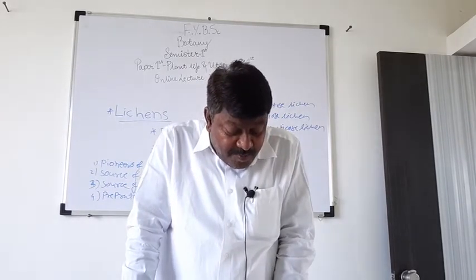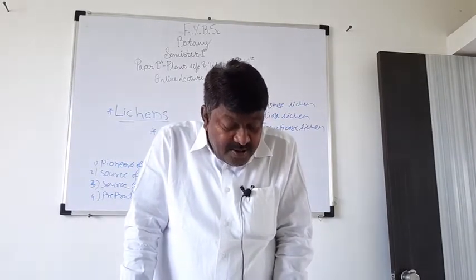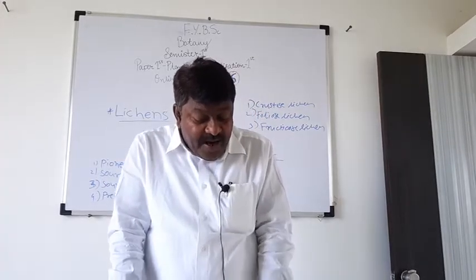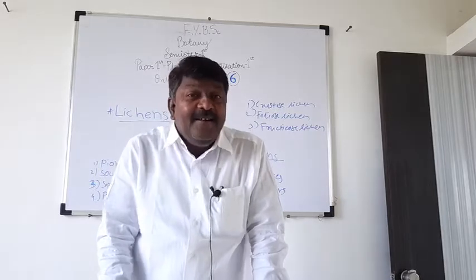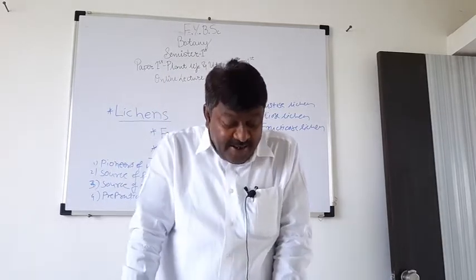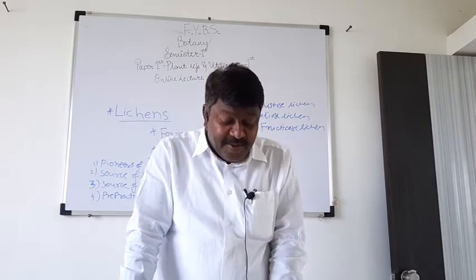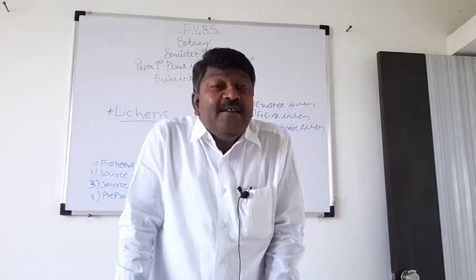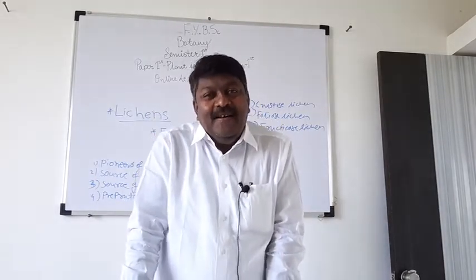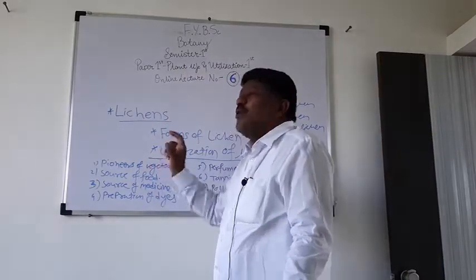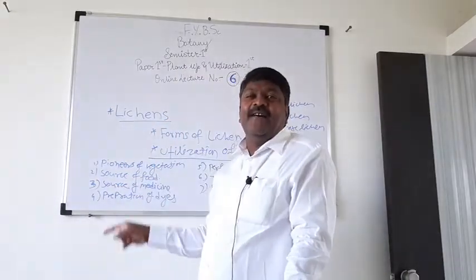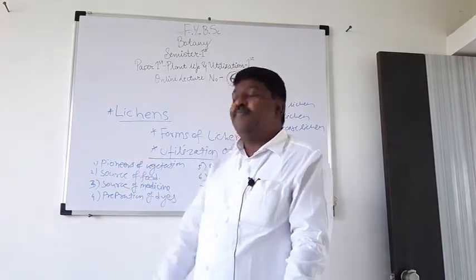The species of Centraria are consumed in Iceland, and we already discussed about that. In India, Parmelia species are used as spices. It means that these lichens are source of food, or these lichens are used as food.